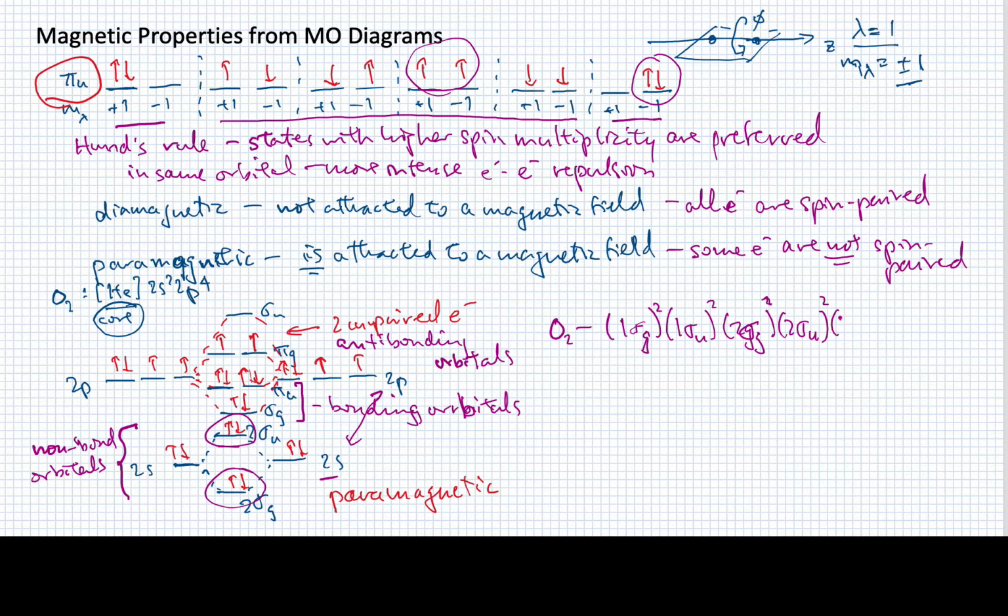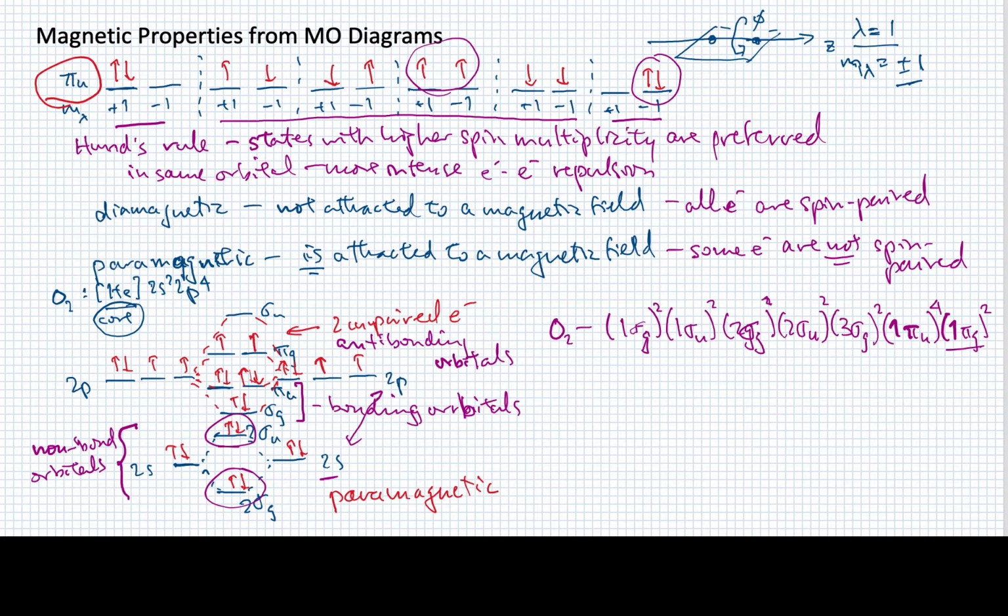I'll have 3 sigma G, which has 2 electrons. I'll have 1 pi U, which are the bonding pi orbitals, and these have 4 electrons in them. And then finally we'll have 1 pi G with 2 electrons. Now, when I write this, it kind of obscures the fact that these 2 electrons are not in the same orbital.